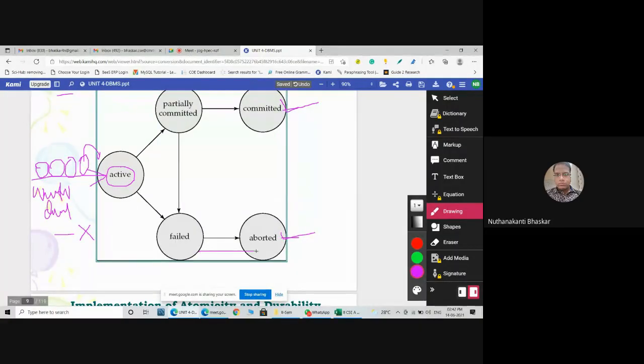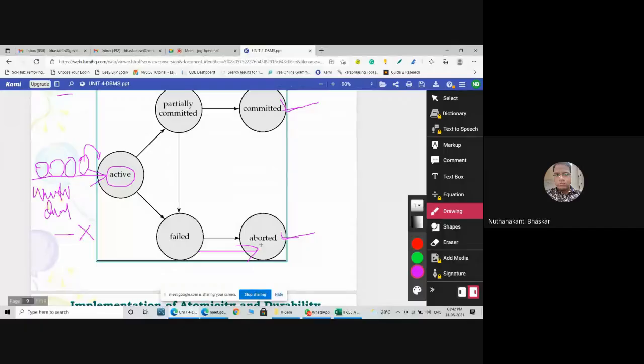Once the transaction moves to the failed state, there is no other option. It directly moves to the abort state. It means the transaction is going to fail. The transaction is executed unsuccessfully. Clear?